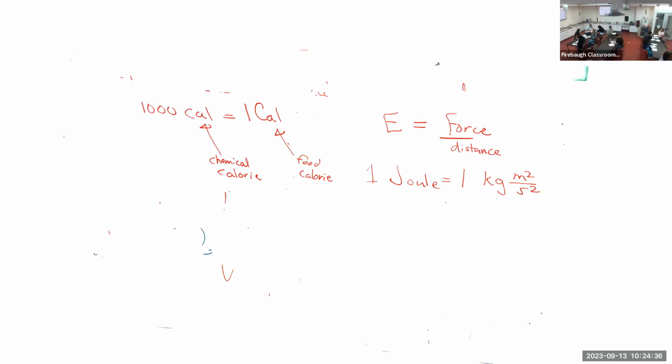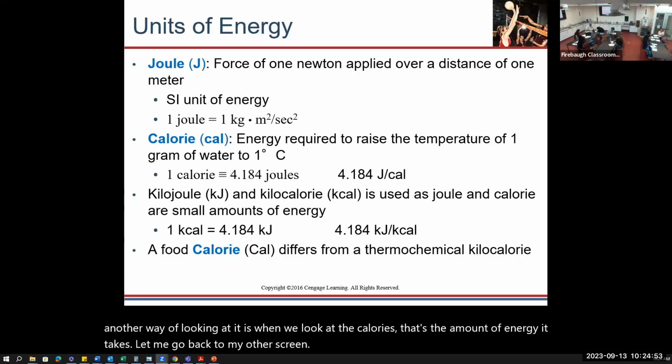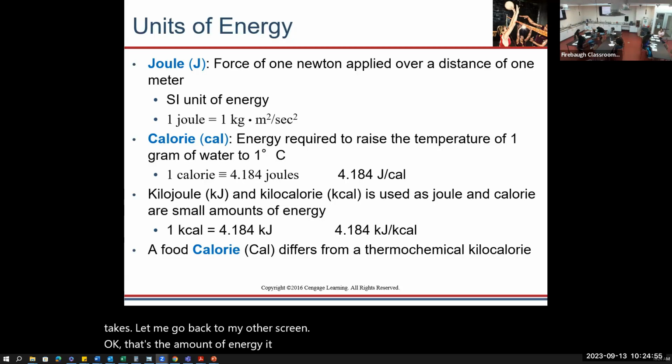But another way of looking at it is when we look at the calories. Let me go back to my other screen. That's the amount of energy it takes to raise the temperature 1 degree for 1 gram of water.